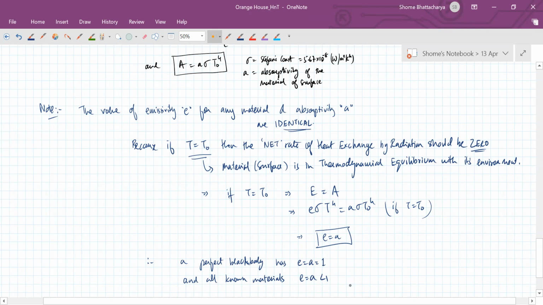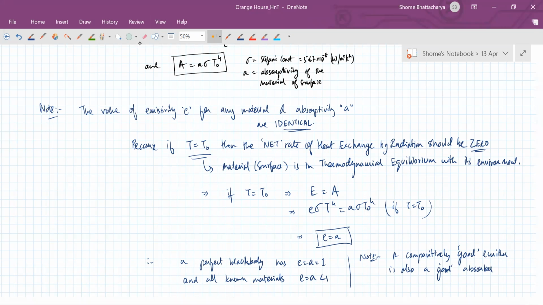And also it means that a comparatively good emitter of heat is also a good absorber, and vice versa.